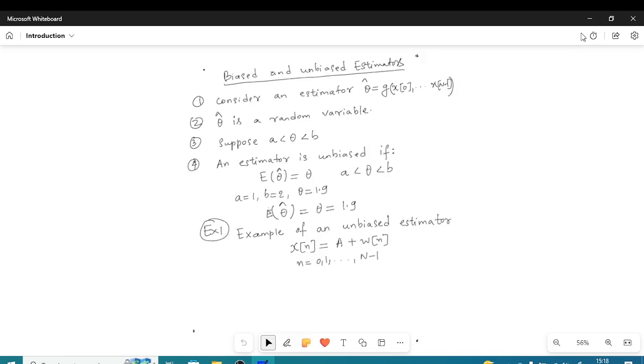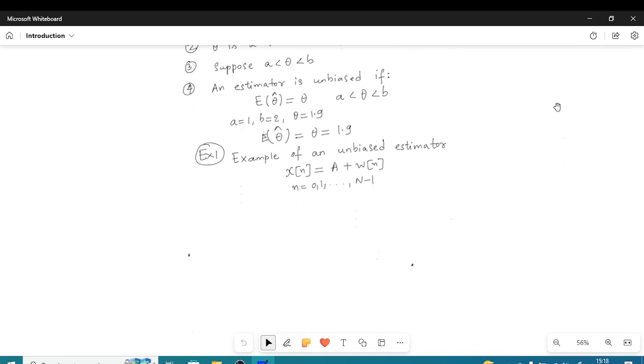Okay, so consider the following points. A has to be estimated, that is, theta equals A. Point number 2, W[n], that is the noise, is white Gaussian noise distributed as normal with variance sigma square.